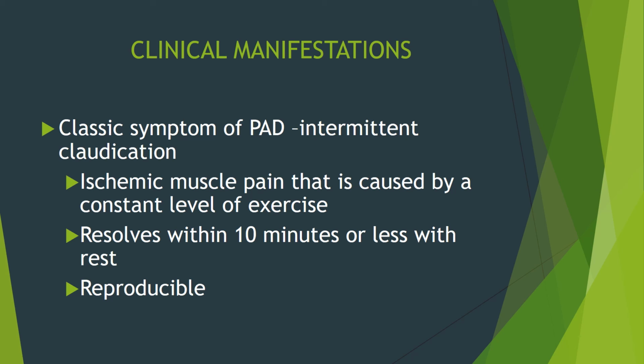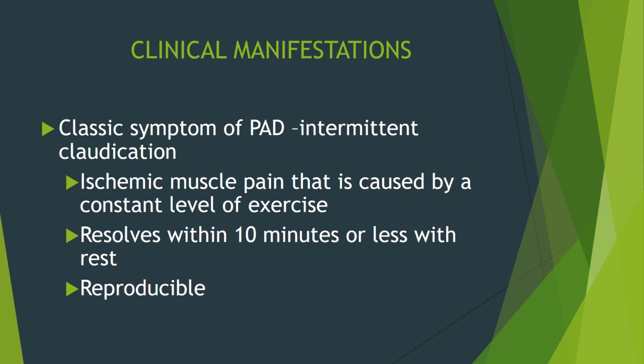The key is that they get it when they're doing repetitive exercise and that it goes away when they stop whatever they're doing and rest. And it stops pretty quickly, within 10 minutes. And it's a reproducible pain. So if they start back up again, whatever they were doing that caused the pain, they get the pain back. It's a very, very predictable kind of pain.